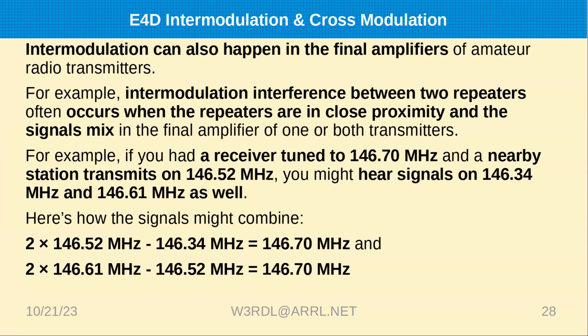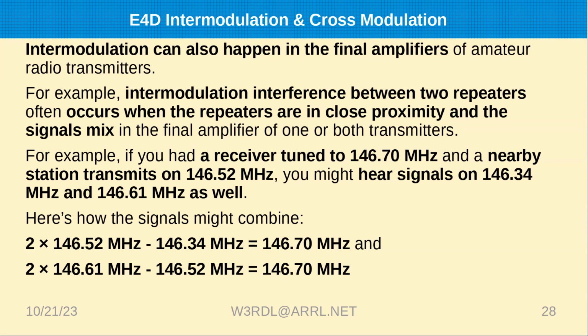So if you've got a receiver on 146.7 megahertz and you've got a nearby station transmitting at 146.52 megahertz, you might hear signals on 146.34 as well as 146.61.